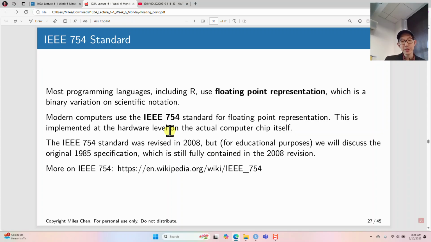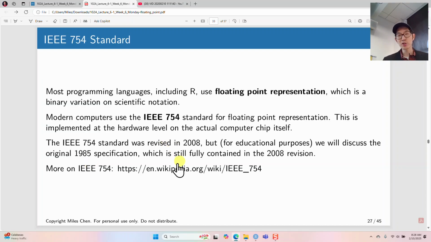And basically all computer chips these days adhere to this standard. Before this standard, computer chips might represent numbers in different forms, but this is going to be the standard. We'll look at the one created in 1985.